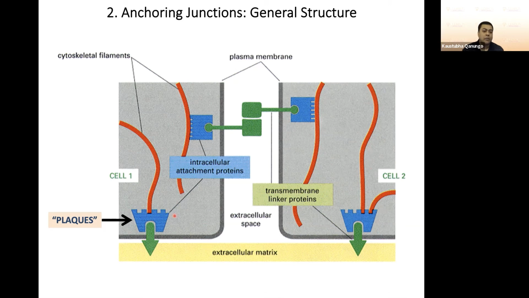The important part is that when these intracellular attachment proteins are present in the cell next to the linker proteins, they form a kind of dense area, and we call this a plaque. So these intracellular attachment proteins form these intracellular plaques as well. We're going to take a look at these in a little bit more detail.